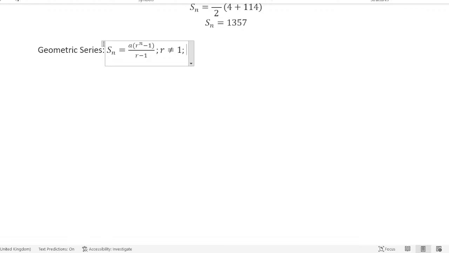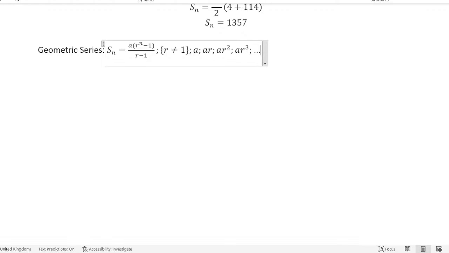This applies if we have a series of A, AR, AR squared, AR cubed, and it continues.